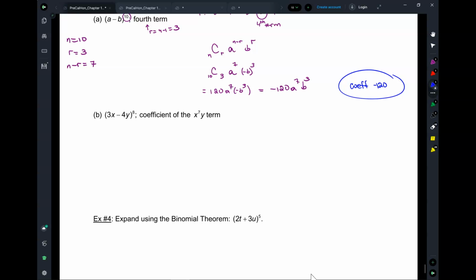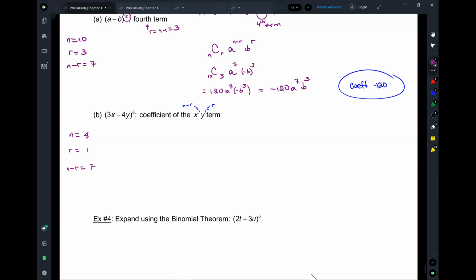When you have this, you already know that this is n minus r, and this 1 here is r. So for each of these, I need these 3 quantities. N minus r, I know is 7. R is 1. So what's n? 8.